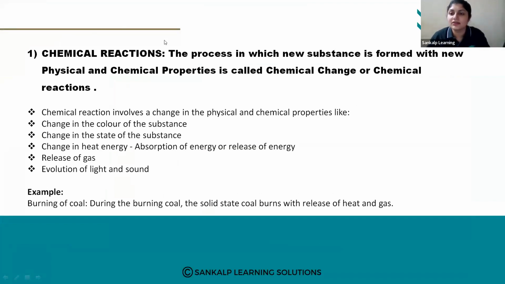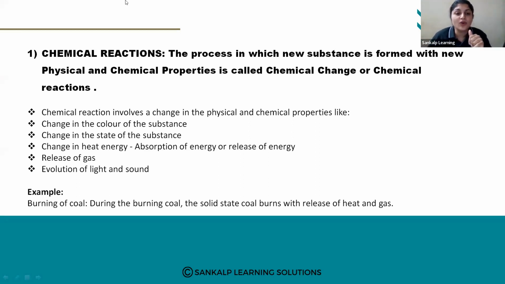You should have a quick idea of what a chemical reaction is, how to write a complete chemical reaction, how to represent it, what the reactants and products are, and how to write their physical states symbolically.